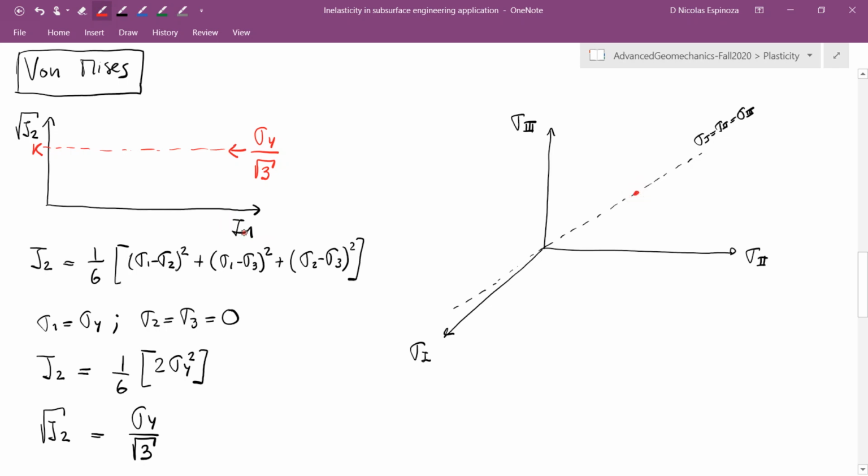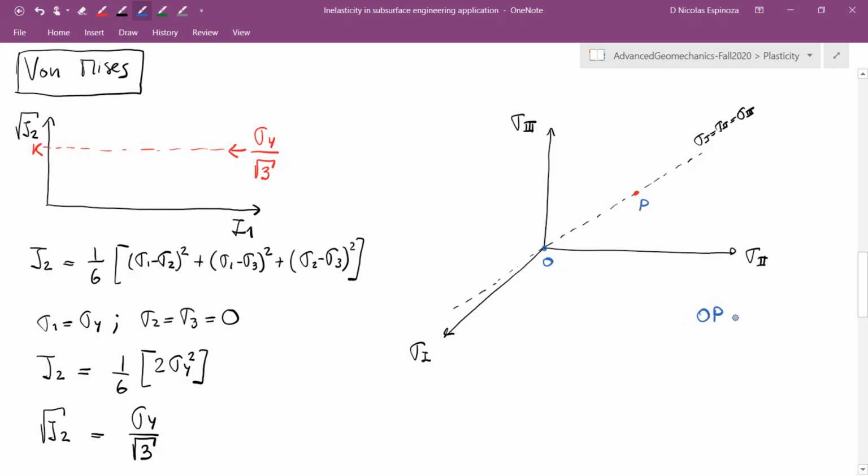I can move indefinitely along the direction of the stress invariant I1, and notice that the stress invariant I1 is actually telling you where you are in the distance from here to, let's say, from O to P. O to P is actually a function of the stress invariant.